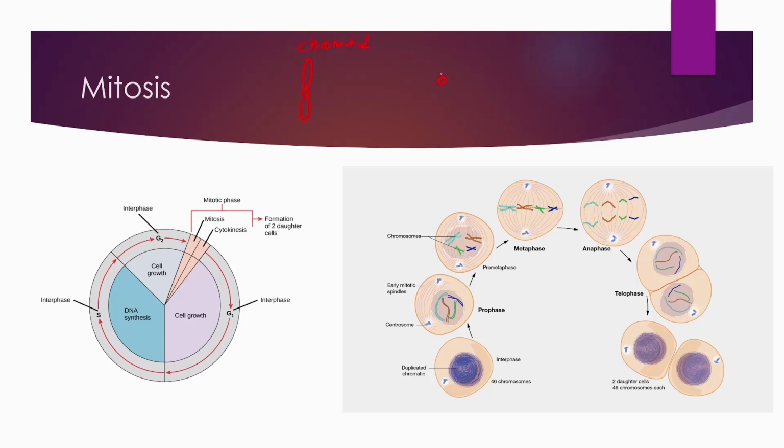And two of them together like this is a chromosome. Lastly, what connects them, those little circles right there, we're going to call centromeres.